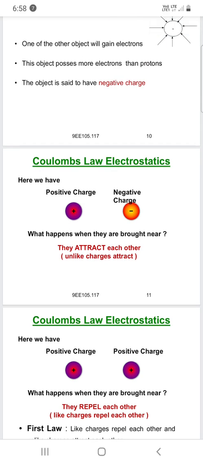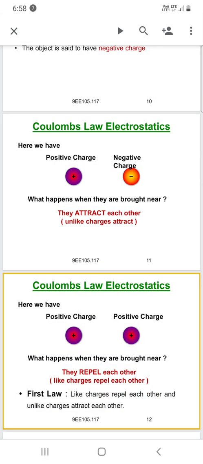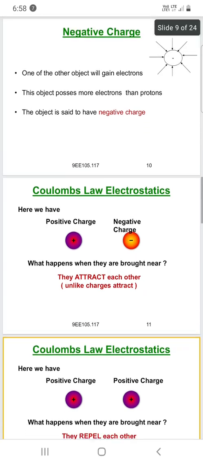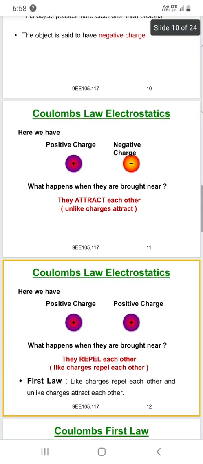Like charges repel each other, and unlike charges attract each other.